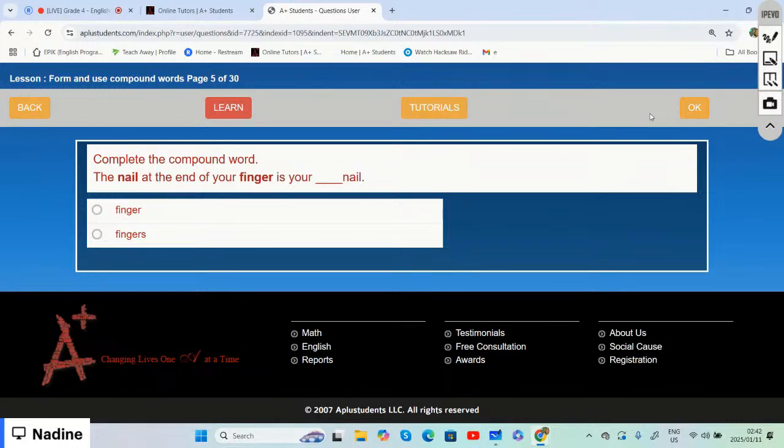So we need to complete the sentence with the correct compound word. It says, form and use the compound words.